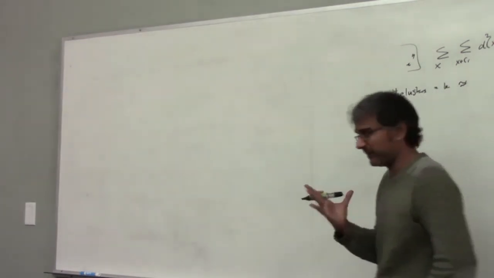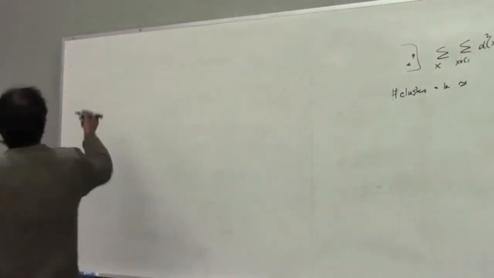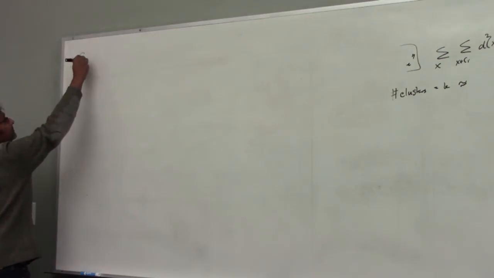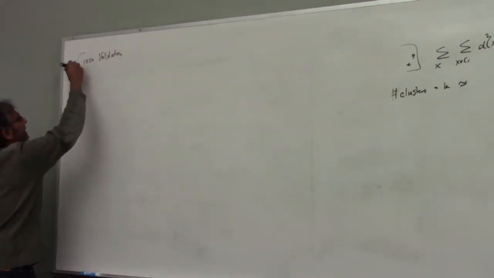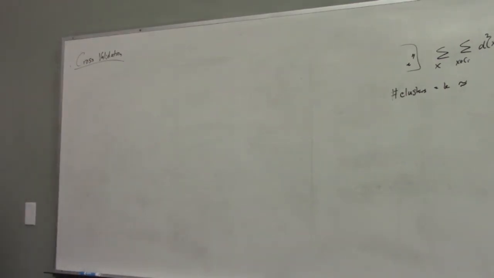So as an algorithm, it's relatively simple. For cross-validation, again, there's a very simple algorithm. There are variations on this, but the obvious one you can actually prove will work reasonably well.